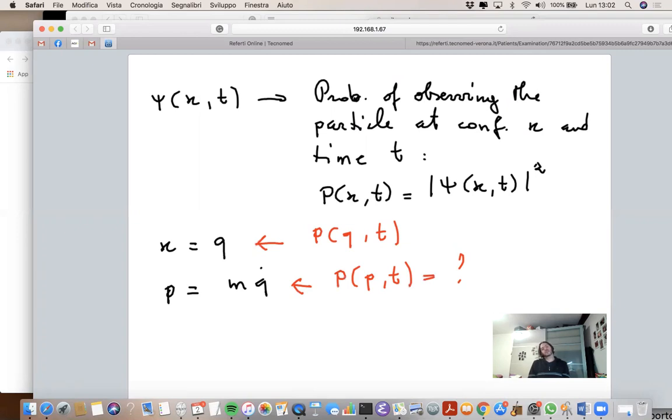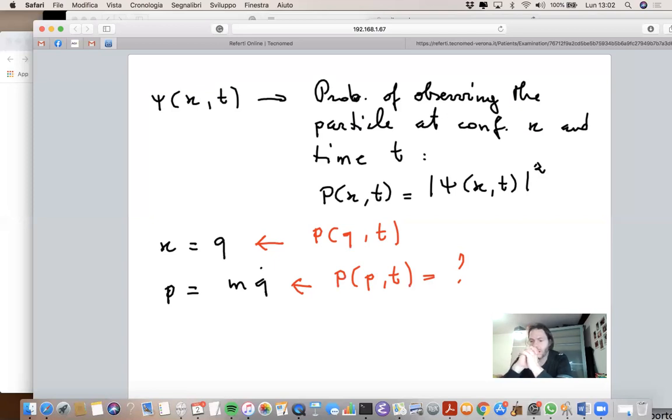How can we predict what is the probability of observing a particle with momentum p in a system? That will sort of close the circle, because momentum and position should be two equally important parts of the discussion, right? That's what the phase space is all about, after all.